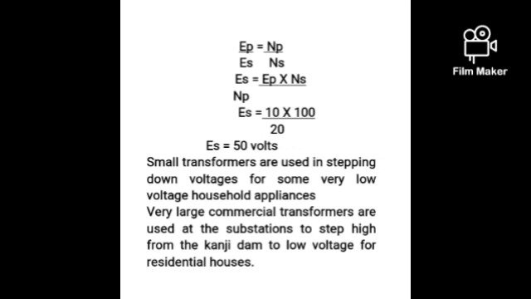Now we are told that small transformers are used in stepping down voltage for some very low voltage household appliances. Very large commercial transformers are used at a substation to step up from the Kainji dam. When power is generated from Kainji dam, they transmit it over a long distance, and due to the long distance the voltage tends to reduce.